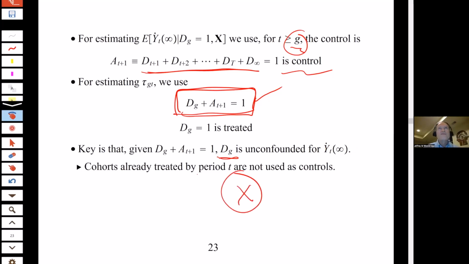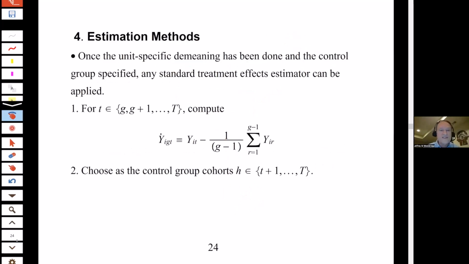So here's why we like this approach: now we're just going to do a cross-sectional analysis. We've defined our control group and our treatment group. Now we're just going to focus on a single time period T, and we have this transformed variable, and now we can apply any treatment effects estimator we want to.